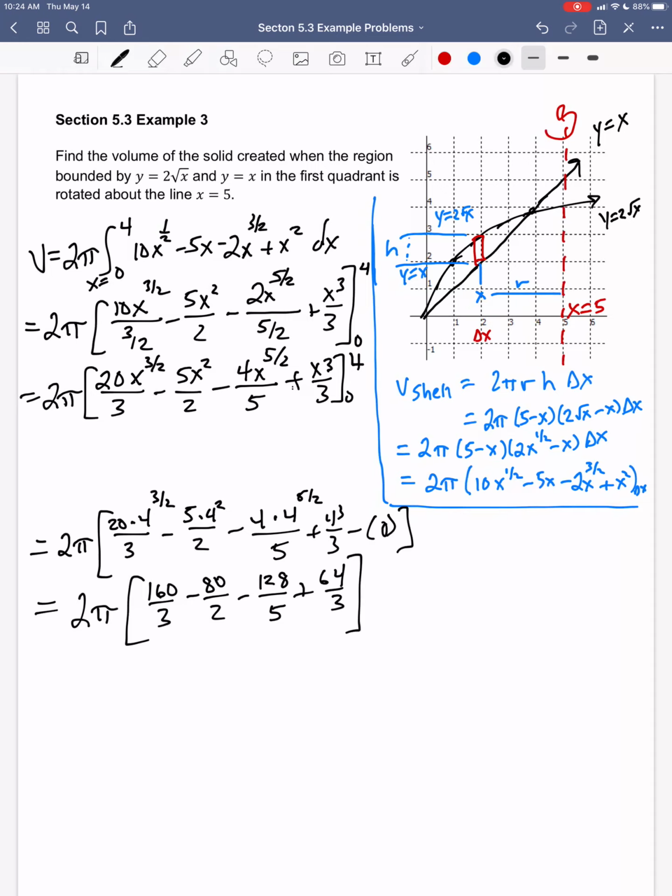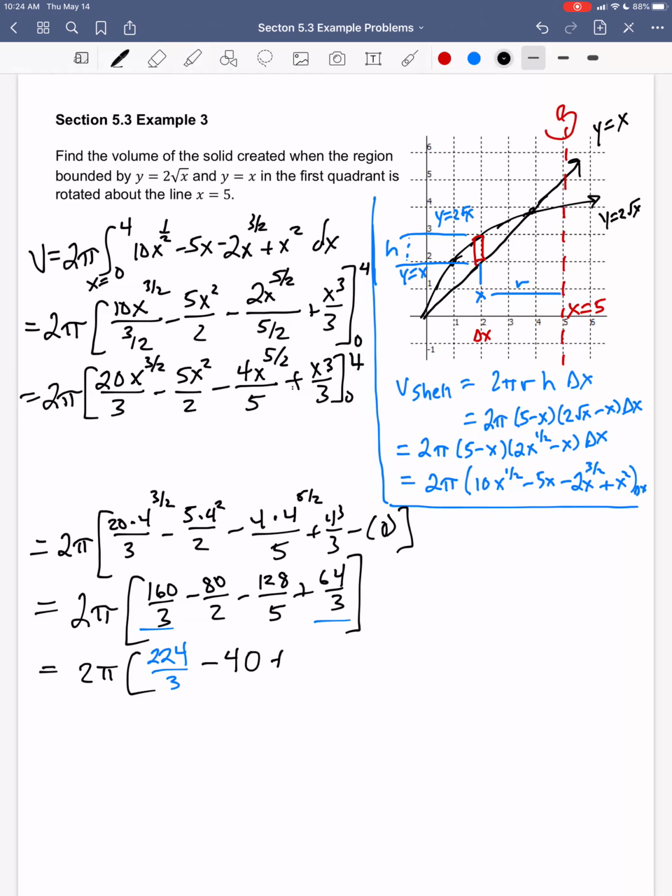So what do we have here? Well, I could put together my thirds. 160 plus 64 would be 224 over 3. 80 over 2 is 40.